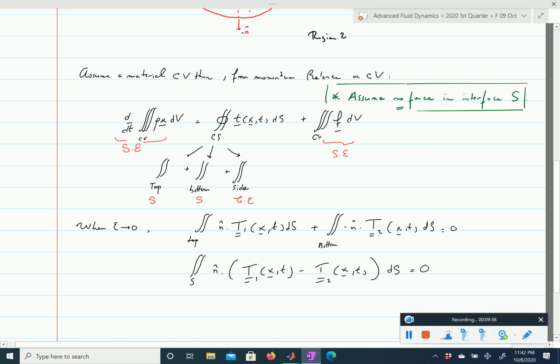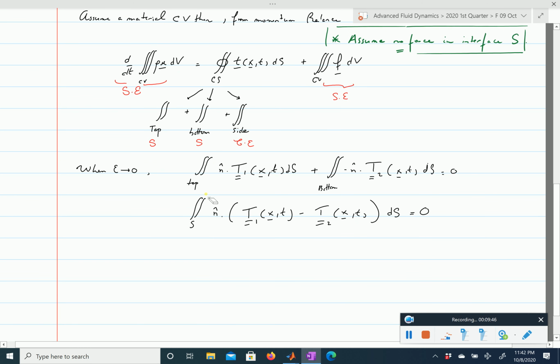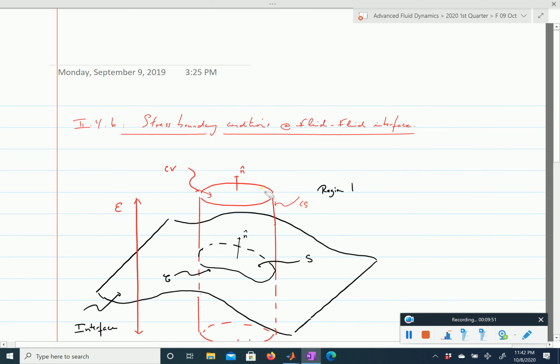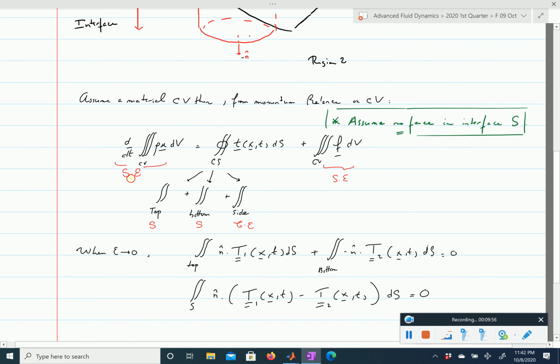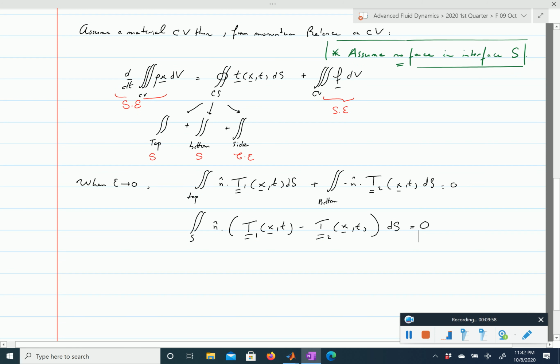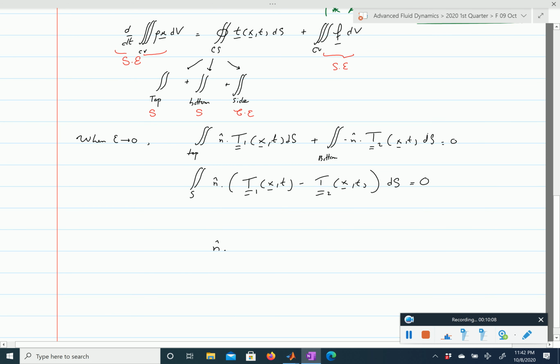Right? And note, of course, that we are integrating along the surface, along the interface, so the stress tensor here is evaluated at the interface. Now, again, this is true for any arbitrary surface S. We picked this control volume initially completely arbitrarily, and therefore this equality has to remain true at the integrand level, and we are left with our stress boundary condition if we can neglect forces inside of the interface, which is simply that the stress vector in the normal direction has to be balanced.